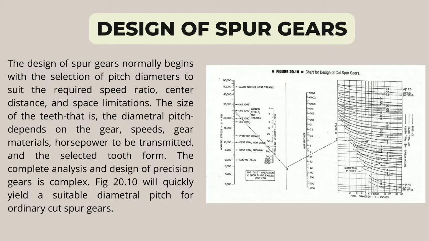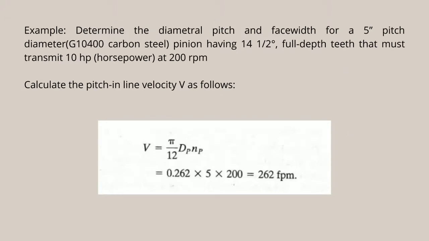The chart is based on the Lewis equation with the Barth velocity modification and assumes gear face width equal to 3 times the circular pitch. For example, determine the diametral pitch and face width for a 5 inch pitch diameter G10400 carbon steel pinion having 14 and 1/2 degree full depth teeth that must transmit 10 HP, or horsepower, at 200 RPM.